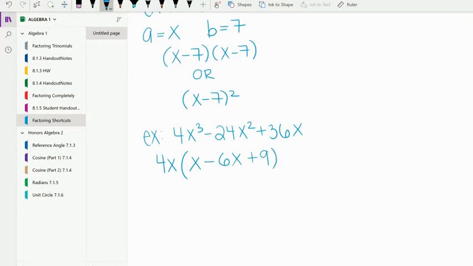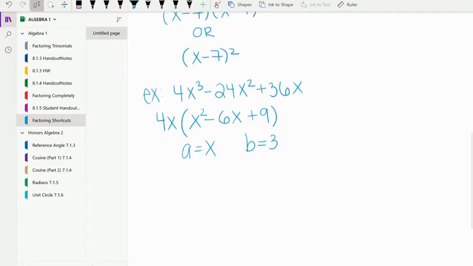So now, is this a perfect square trinomial? And I'm sorry, that should be x squared. Well, a would be x, b would be 3, because the square root of x squared is x, the square root of 9 is 3. If I multiply those together, I get 3x. If I double it, I do get 6x.